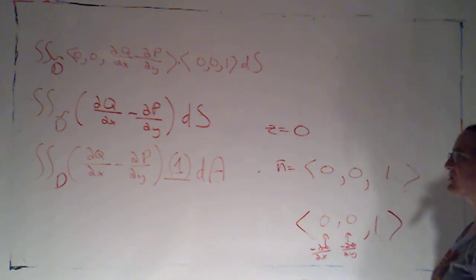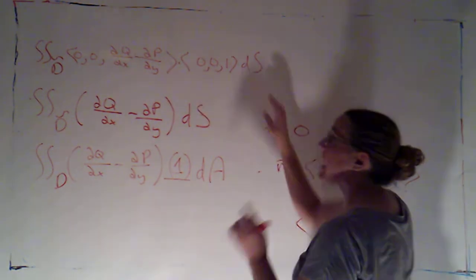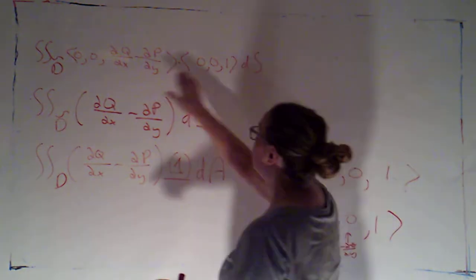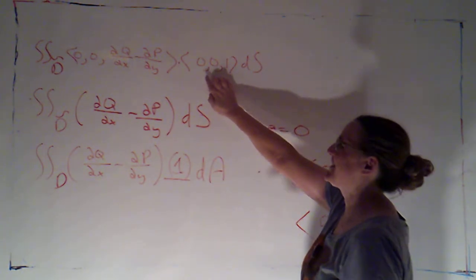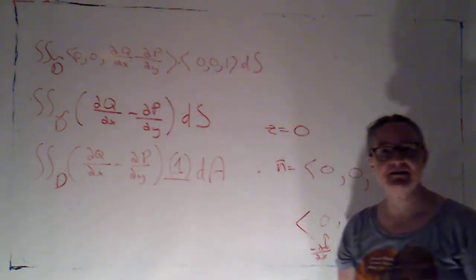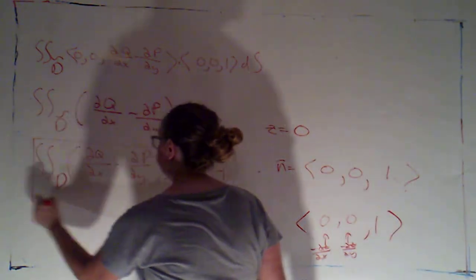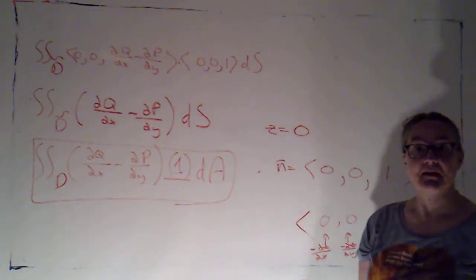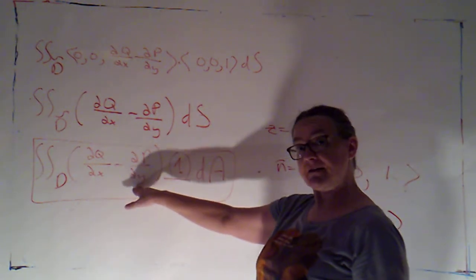There are no x's or y's in there. So if I wanted to, at this point, I could have said this is the non-normalized normal vector, and I could have gone right to integrating over D with respect to area in the plane. And that's exactly what Green's theorem states.